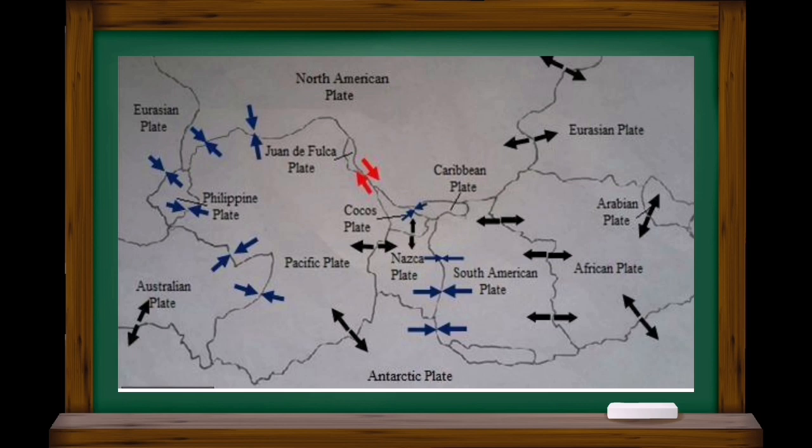What do these arrows indicate? The arrows indicate the movement of the plate. Each plate is slowly moving relative to each other, causing these geologic events to happen along their boundaries.